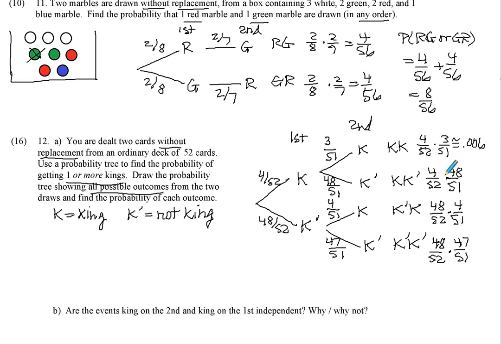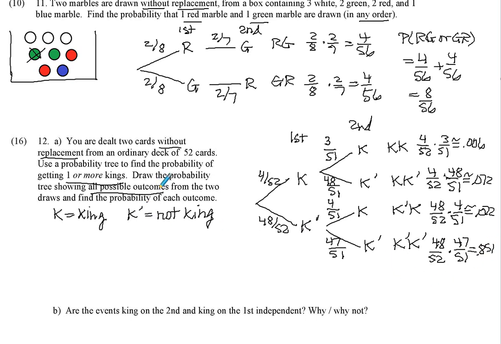And then 4 times 48 out of 52 times 51 is approximately 0.072. And then same thing here, notice same numerator, same denominator, orders just switched, so that's about 0.072. And then 48 times 47 out of 52 times 51 is about 0.851.